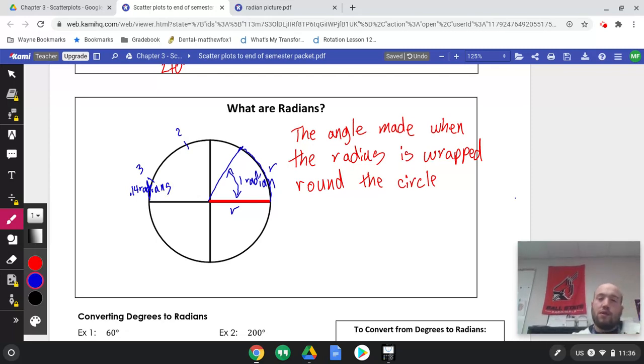Now 0.14 is me rounding it, but if it was 1 radian, 2 radians, 3.14. So this is important here. The half circle has pi radians.